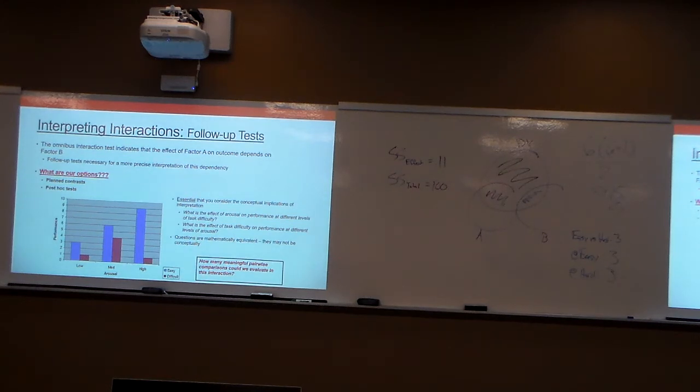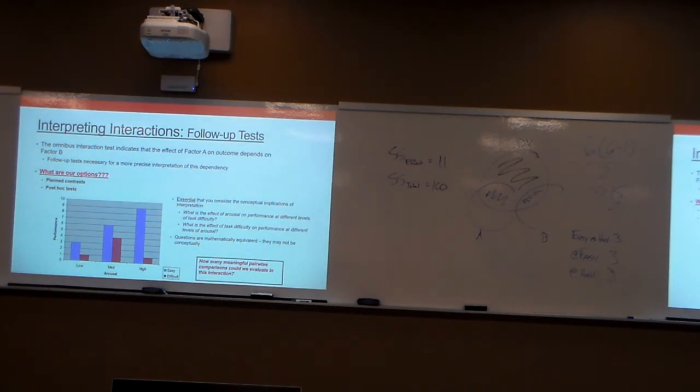No. Why not? Just the way the study's designed. Right, that's not what it's intended to do, and I don't even know how to interpret that. If I'm saying that people with a difficult task at low levels of arousal perform worse than people with an easy task at medium levels of arousal, we're crossing factors.